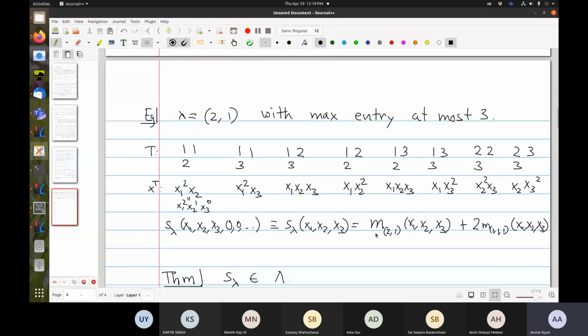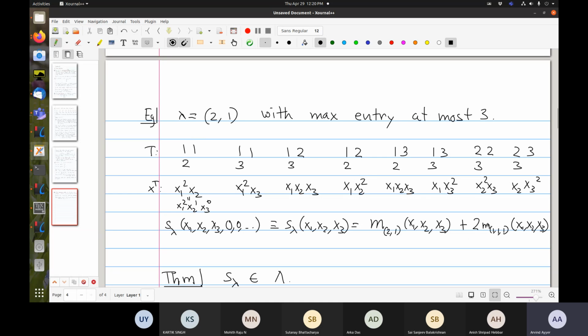Okay. So again, repeating what I emphasized several times in the last class, this expansion turns out to be independent of the number of variables. So here it was 3 variables. If you had taken just 2 variables, then you would have only 2 partitions, this one and this one.